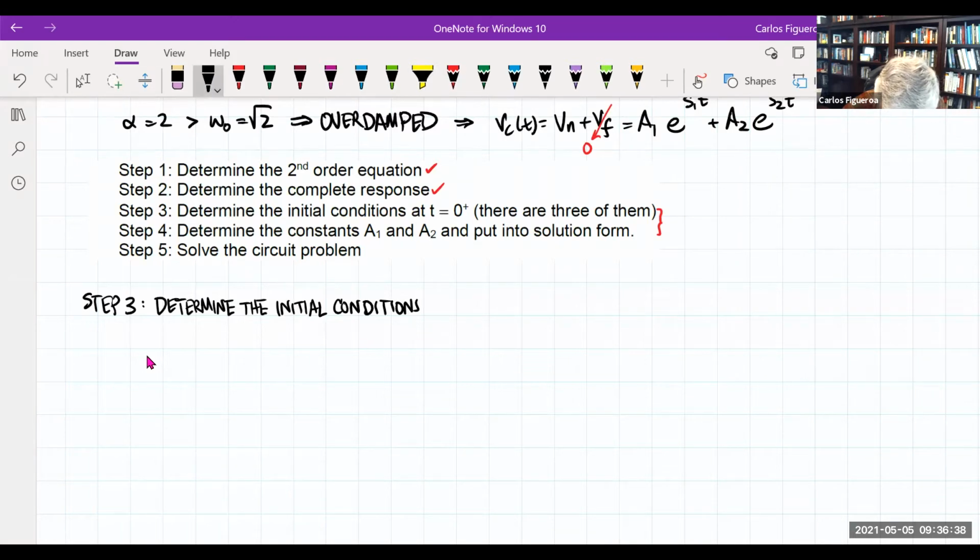And there's 2 of them. In the end, we have to get 2 of them. It's got to be v at 0 plus and the derivative at 0 plus. And you're going to see that it's the derivative one that's the real problem.